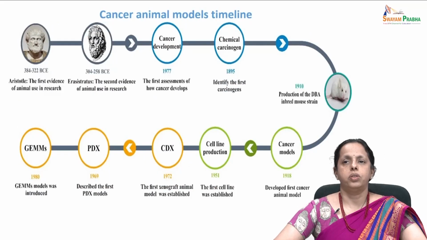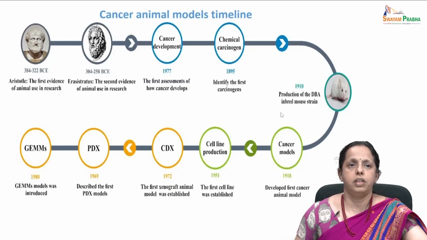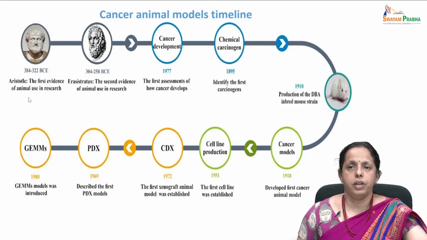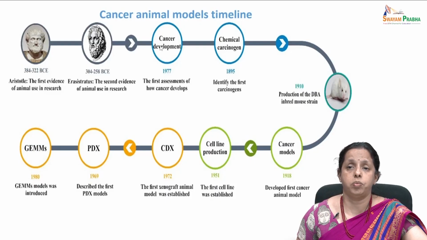This timeline shows the first available reports of animal model testing, which date back to Aristotle, who brought in the first evidence of animal use in research. Over time, we have recognized the evidence of animal usage in cancer drug discovery, for envisaging the role of cancer progression and tumor progression.